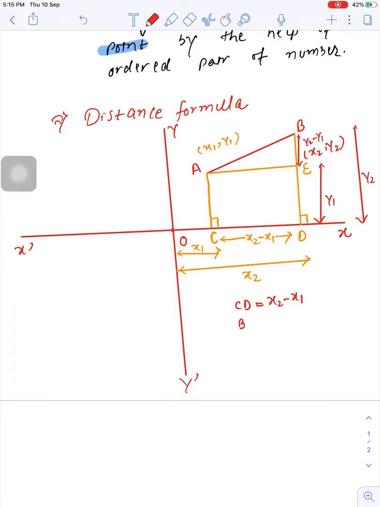y2 minus y1. As we are looking through the diagram, we can see that AE equals CD, which implies AE equals x2 minus x1. Look, it is very clear.